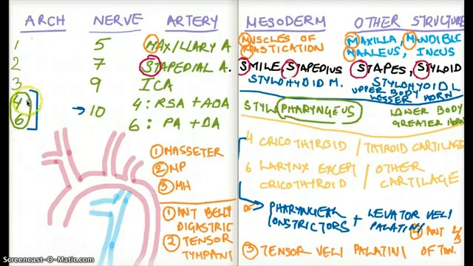So 4 is supplied by superior laryngeal and 6 is supplied by recurrent laryngeal. See how it plays beautifully with the anatomy of the whole thing, because cricothyroid is not supplied by the recurrent laryngeal. In fact, it is supplied by the superior laryngeal, which also innervates brachial arch 4.